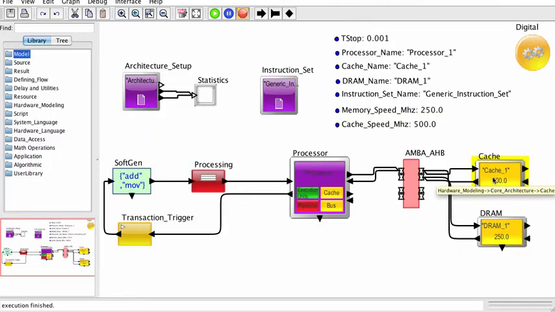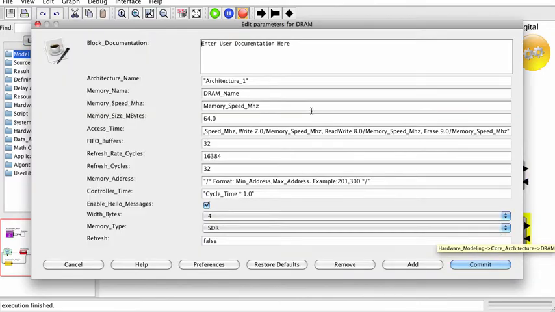If there is a cache miss, the memory reference will be sent back over the bus to the DRAM model, and the DRAM model, its block parameters include things like the memory speed, the size of the memory, as well as the access times. For example, a read access time would be 5.0 divided by the memory speed. If you're doing a prefetch, then it will be 6.0 divided by the memory speed, and so on.